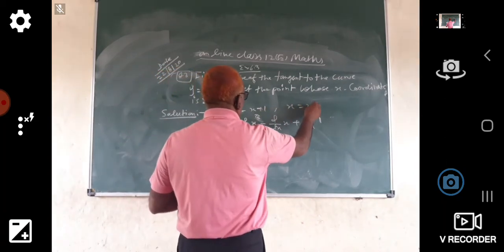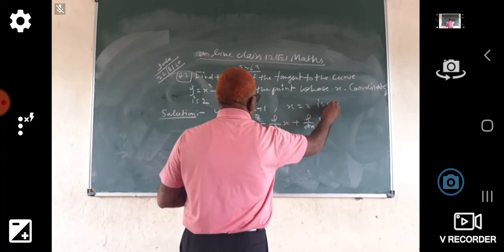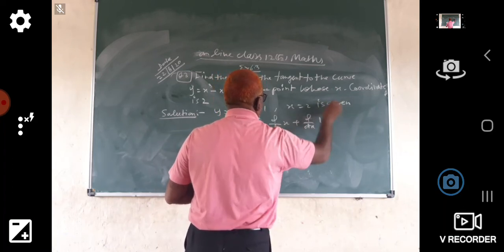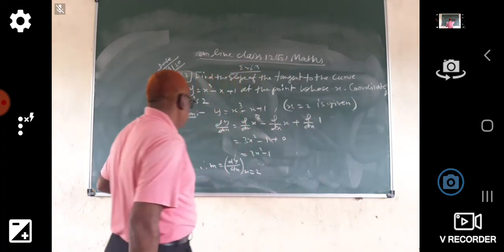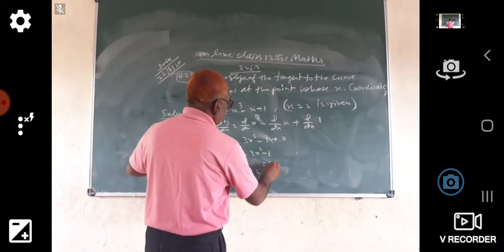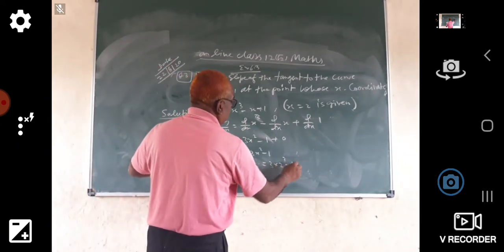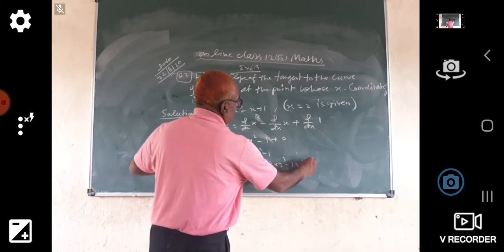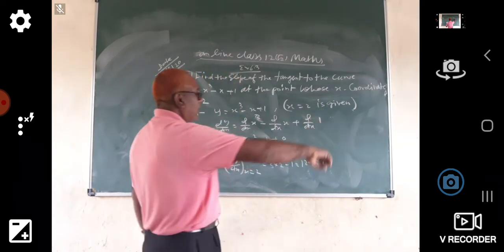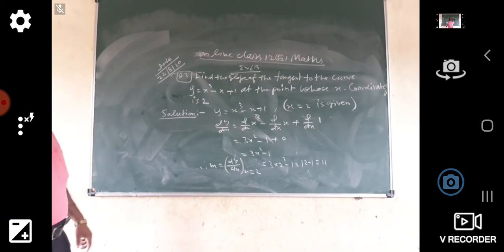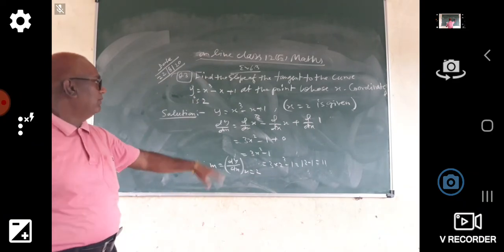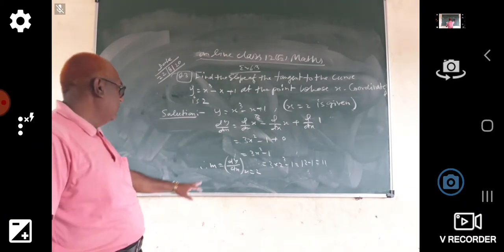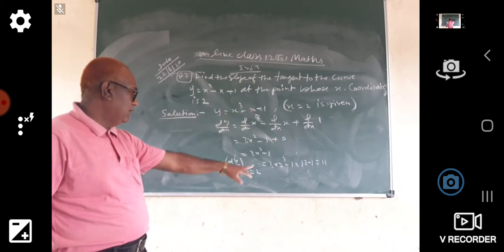Here x is equal to 2 is given. So therefore this is equal to 3 into 2 square minus 1, which is 12 minus 1, this will be equal to 11. So therefore the slope of the tangent to the curve at the point is 11.